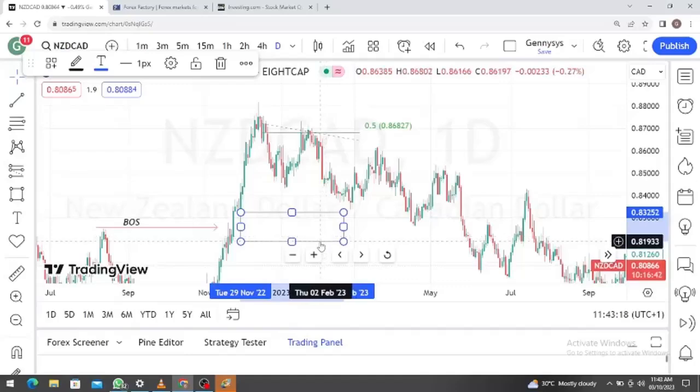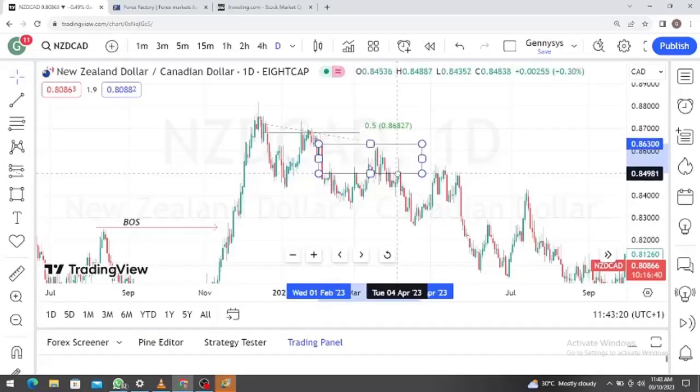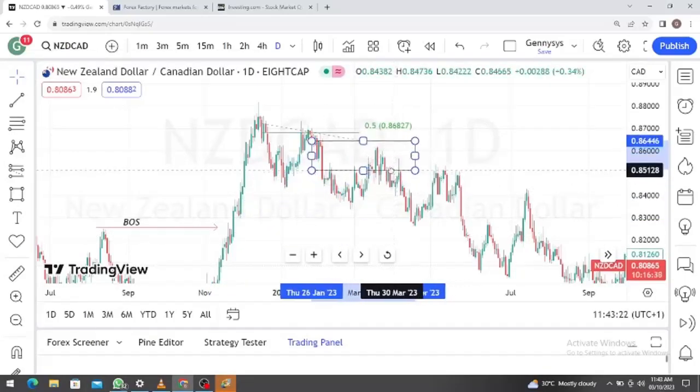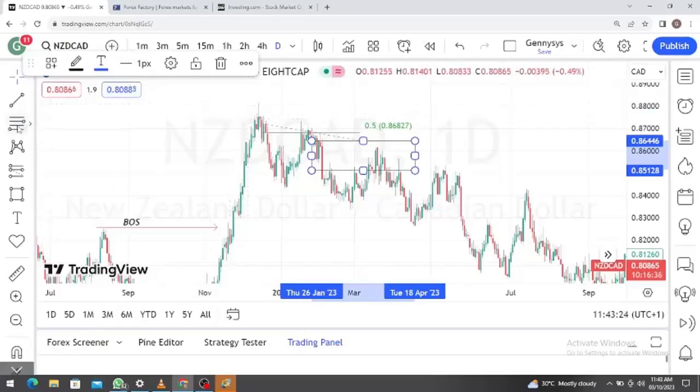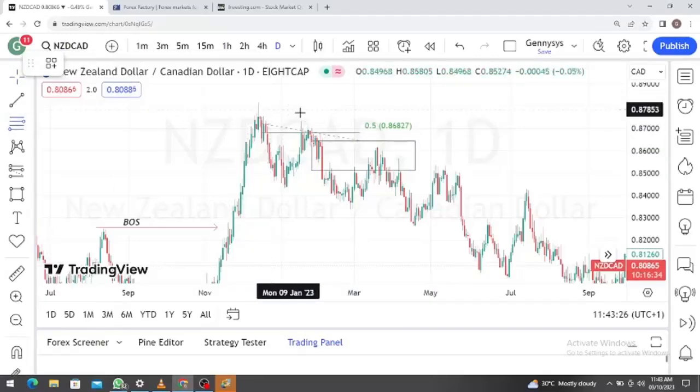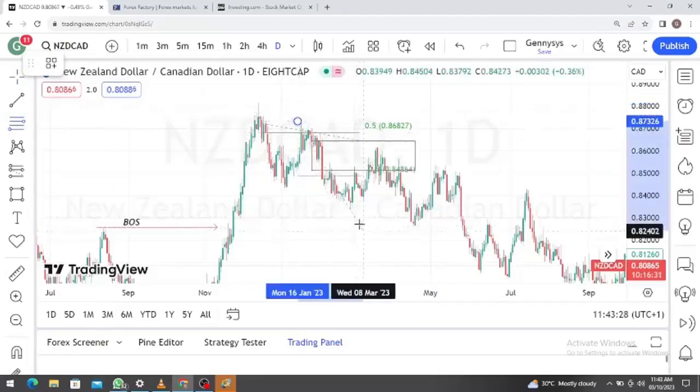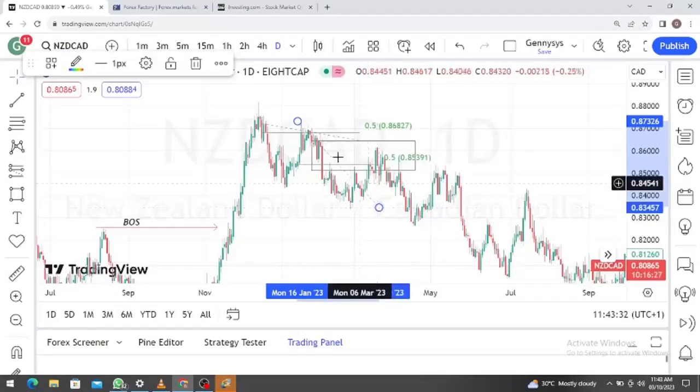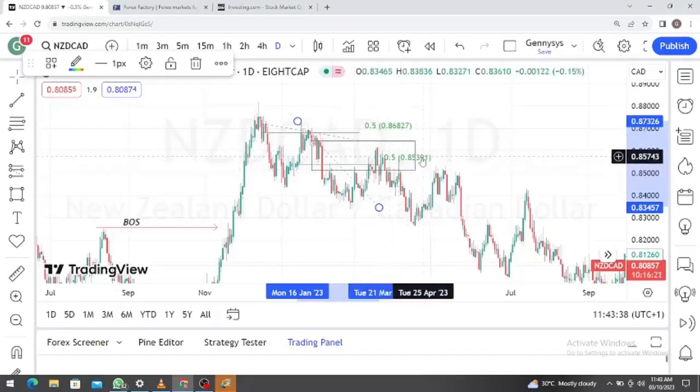So you want to pay a lot of attention to that, because we have two of them coinciding in the same area. If you draw your fib from the high here to the low here, the imbalance is around 50% and above. The smart money cubes are also above the 50%, right?